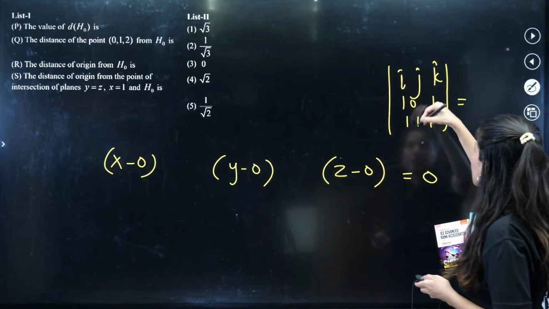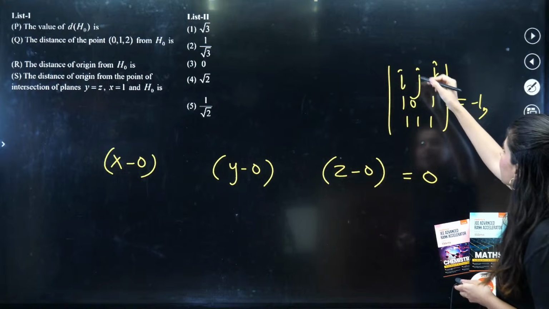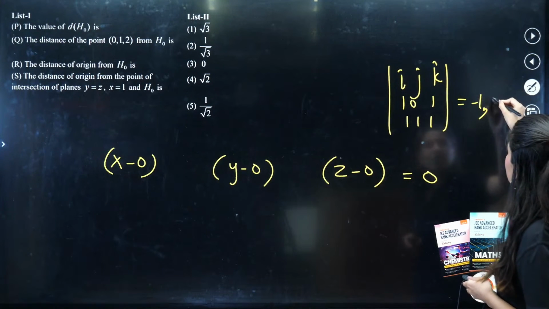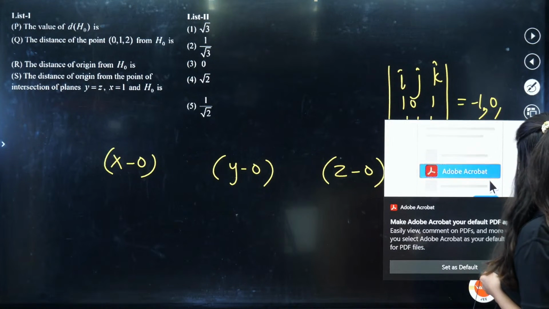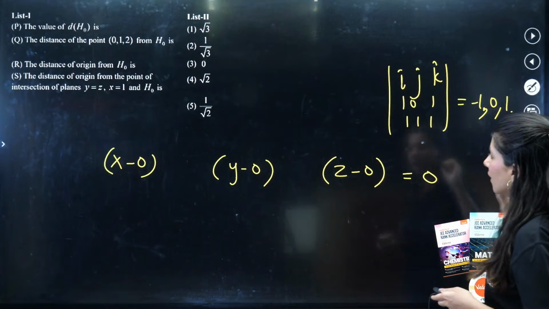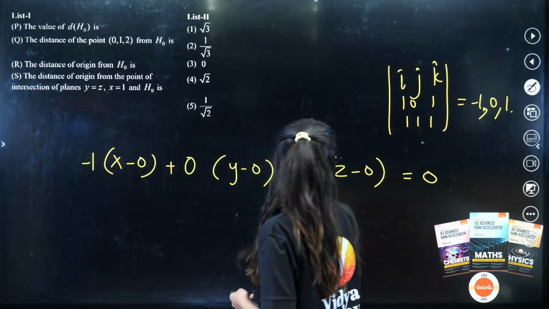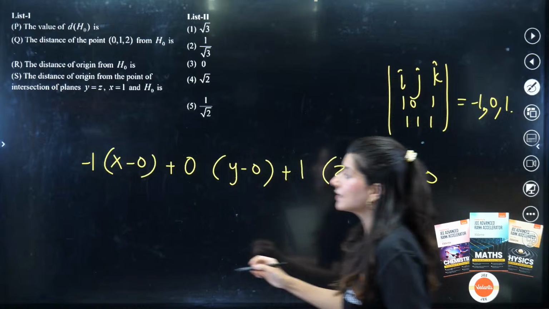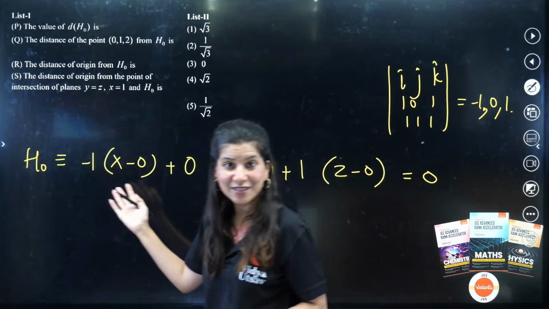So this is going to be 0 minus 1, so minus 1. And this is going to be 1 minus 1, 0. And this is going to be 1. So basically this is going to be minus 1, plus 0, plus 1 is equal to 0. This is the equation of your plane H0, my dear students.